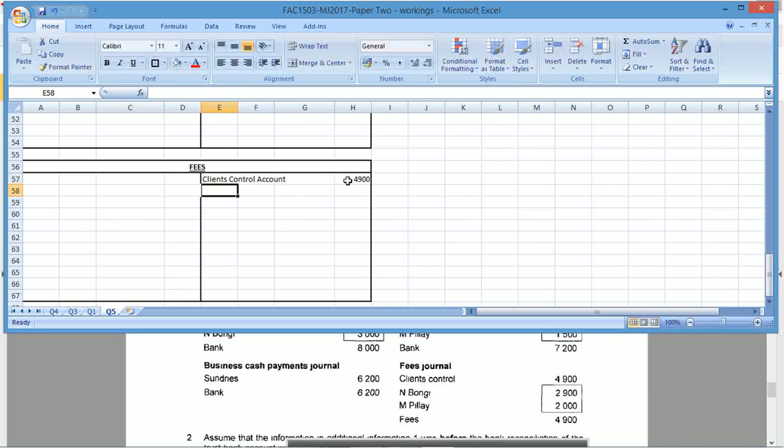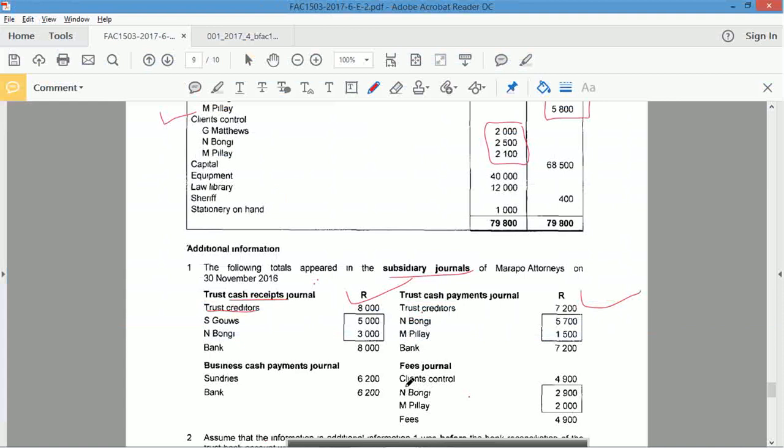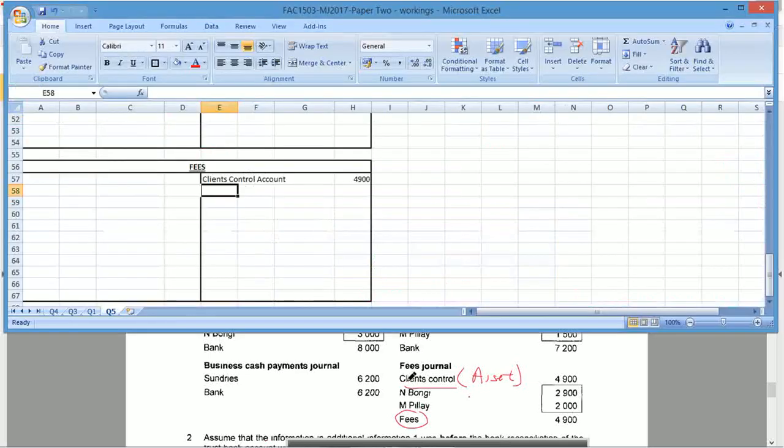No, not client control account, because then you're debiting their account. If you're debiting their account, you're increasing the debtors. Oh, that does make sense. That is correct. Yes, because the client control account is an asset. It's like debtors. Okay. The fees account is income. Okay, so it's like sales and debtors. Right, so there's the one amount.